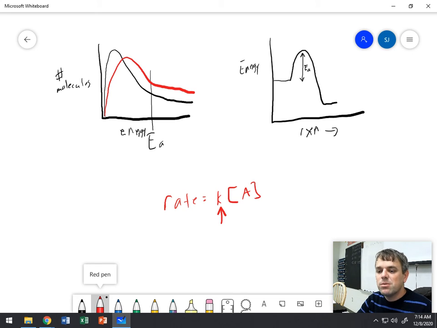If the temperature goes up, k gets bigger. If the temperature goes down, k gets smaller. And so temperature and the value of k are related mathematically through that Arrhenius equation, but that's because of the fact that as you increase the temperature, more molecules can overcome the activation energy.